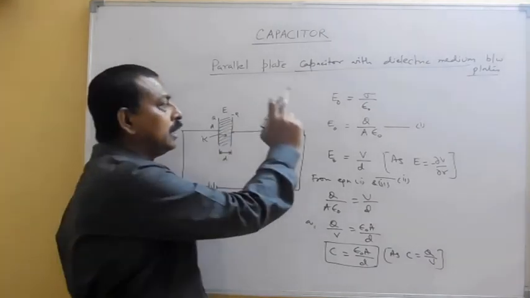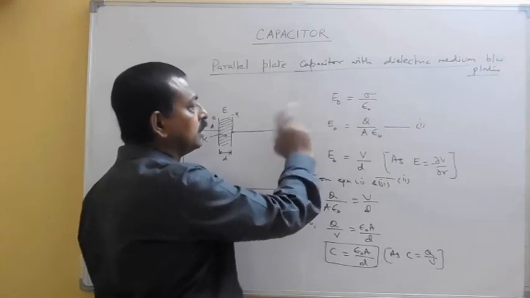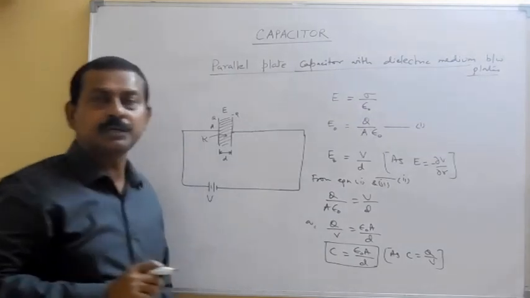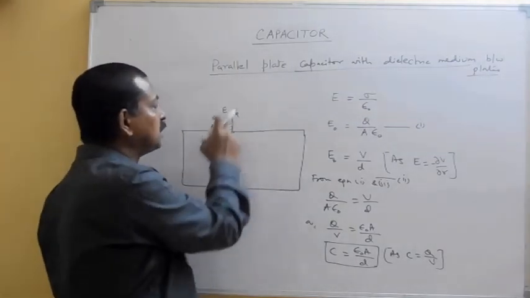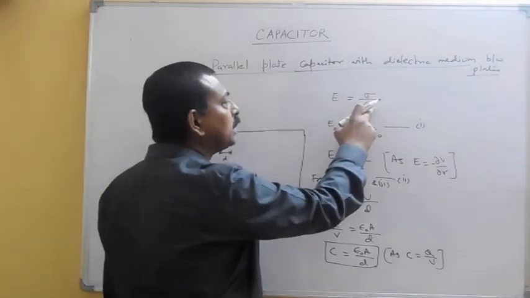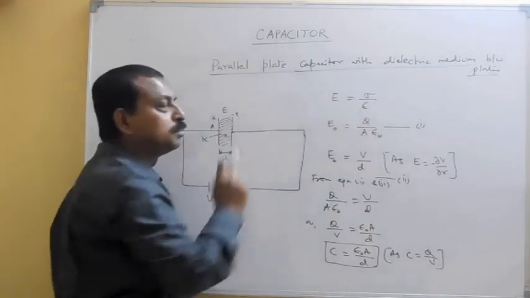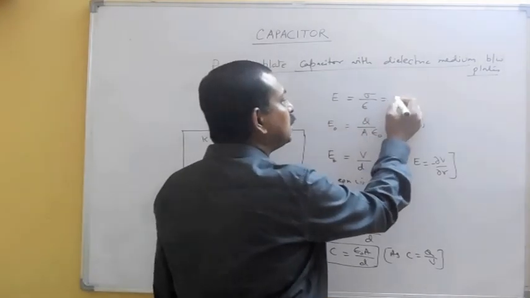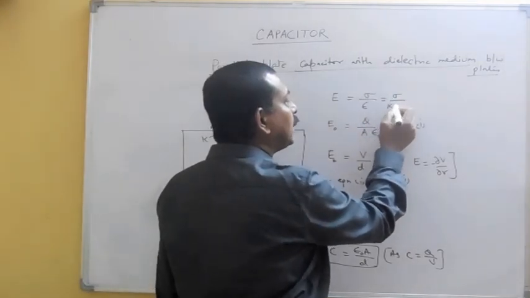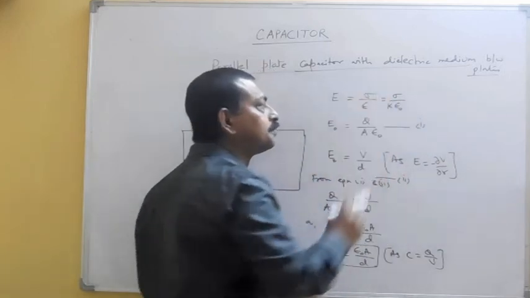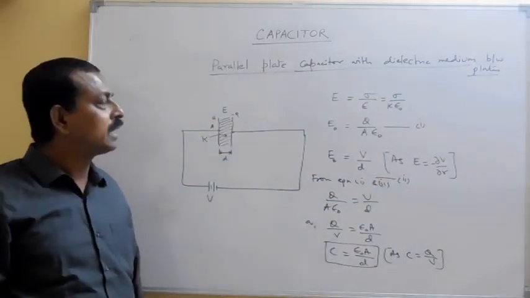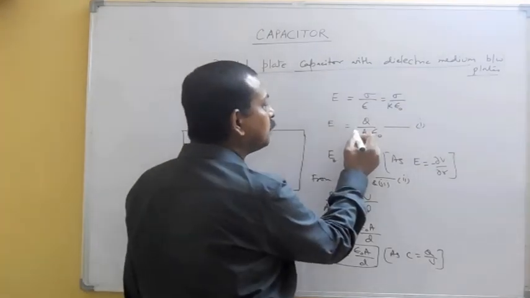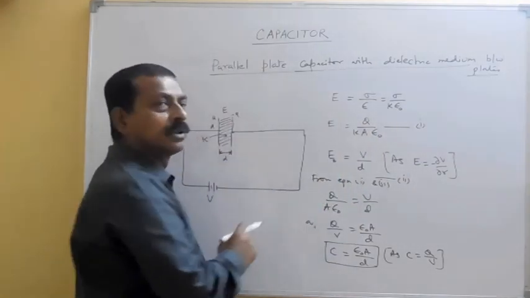So now let's just make the changes in our previous derivation. Now the electric field E between the plates of the capacitor will be equal to sigma by epsilon, not epsilon naught, and this can be written as K times epsilon naught, where K is the dielectric constant. So now there will be another term, that is K, there.